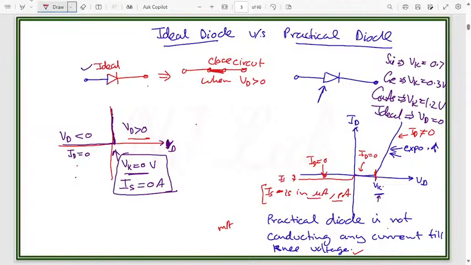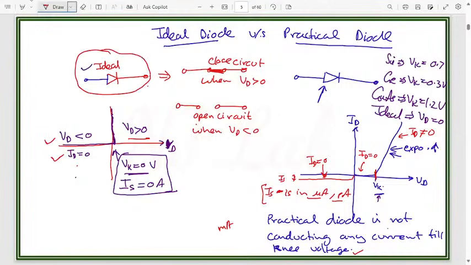Whereas the ideal diode can be represented as an open circuit when Vd is less than 0. Why? Because when Vd is less than 0, the current is 0.